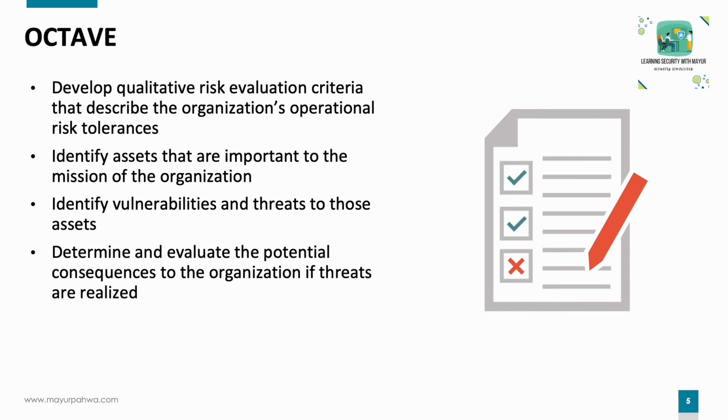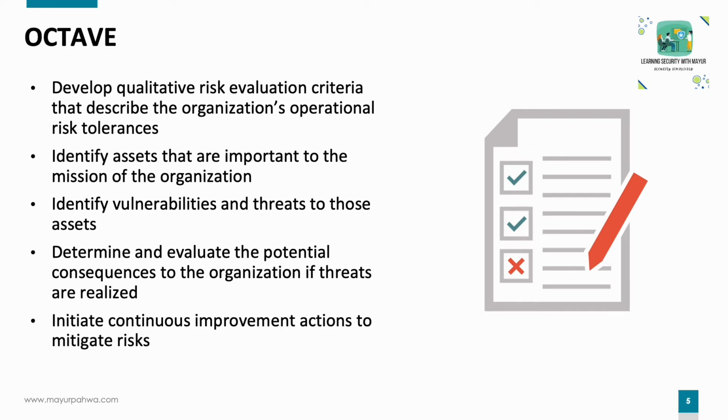By putting together the information assets, threats, and vulnerabilities, the organization can begin to understand what information is at risk. See, with this understanding, the organization can design and implement a protection strategy to reduce the overall risk exposure of its information assets.